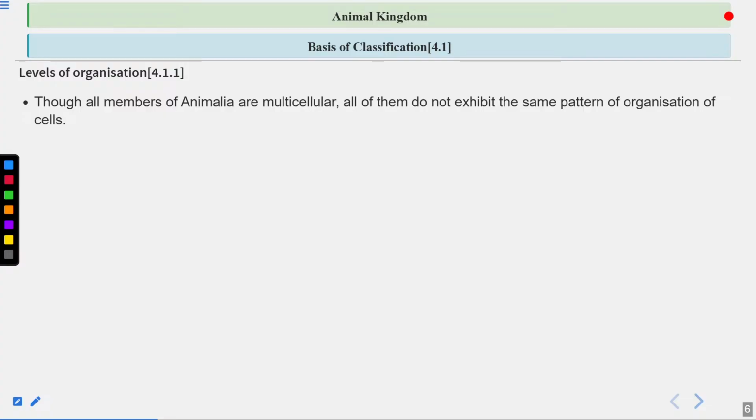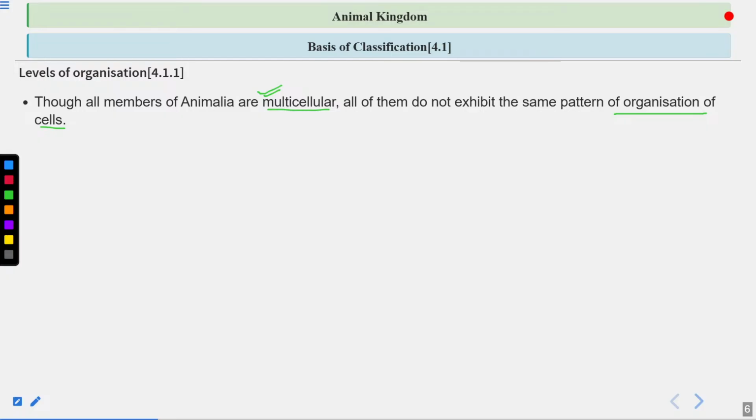Though all members of Animalia are multicellular, all of them do not exhibit the same pattern of organization of the cells. All the animals are multicellular because you have studied about this in the biological classification chapter. Okay? The unicellular eukaryotic organisms are kept in which kingdom?